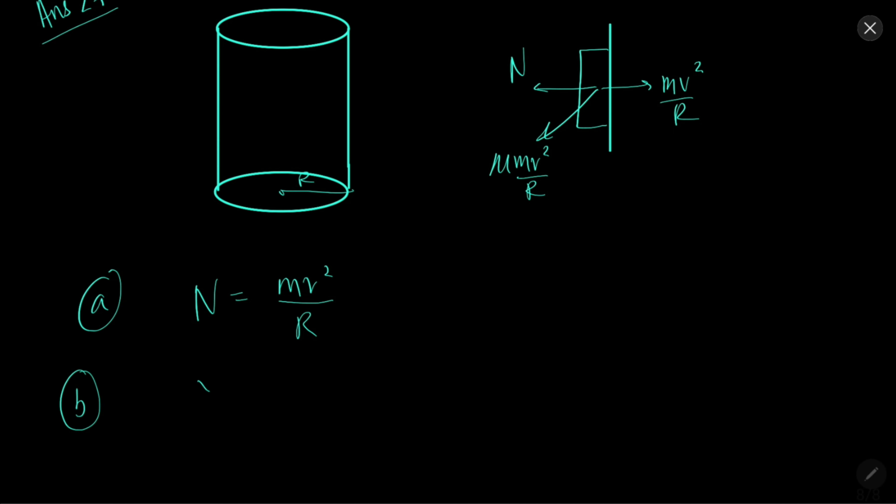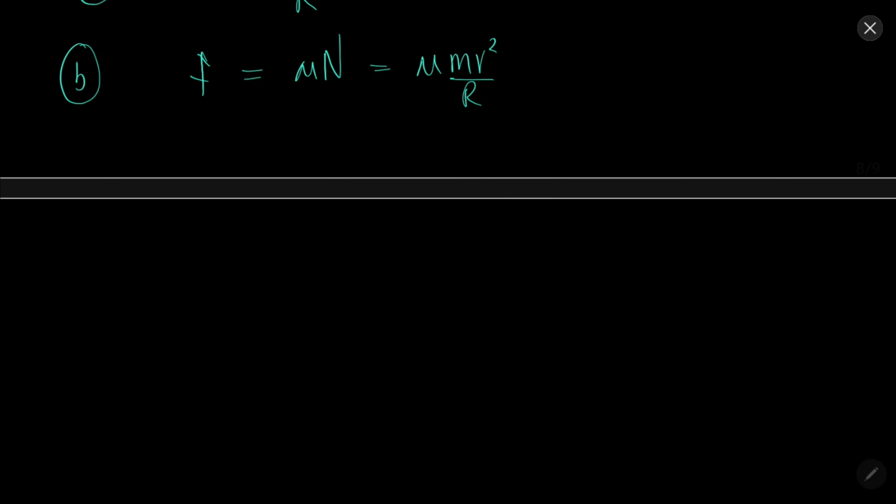Then frictional force by the wall will be mu N, which will be mu mv square over r, and this equals ma.